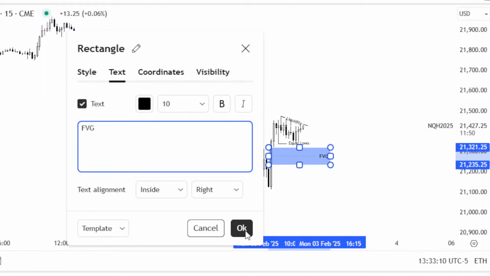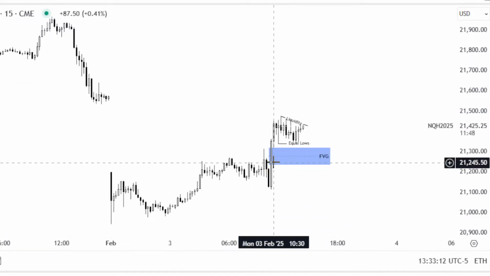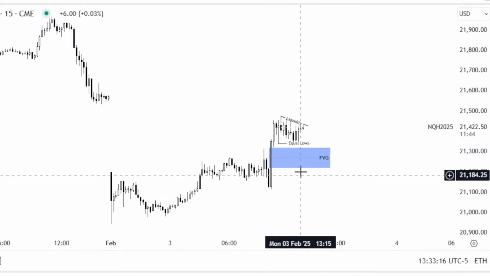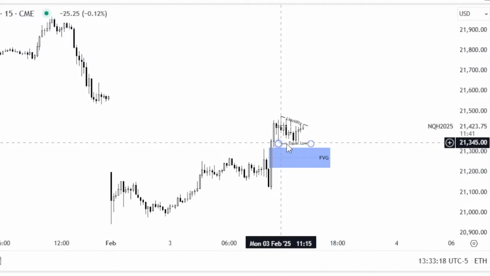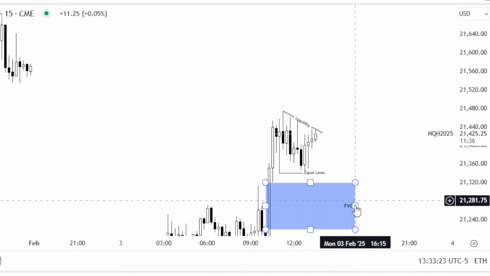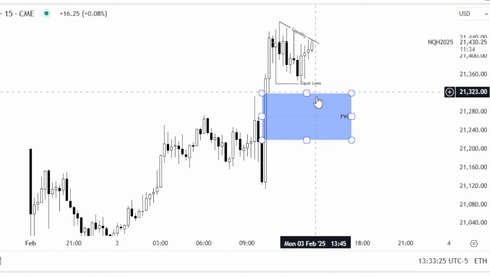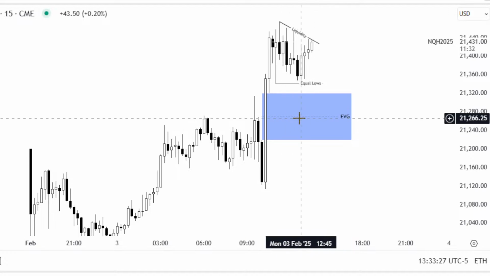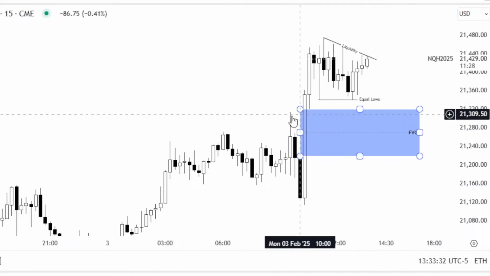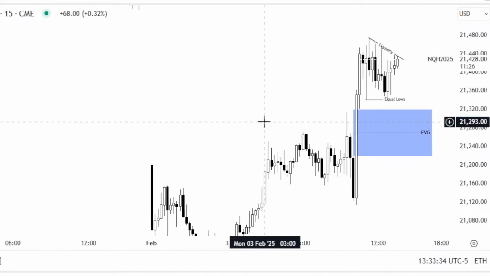This is quite important because we've got this fair value gap right underneath these equal lows, so it would be nice to see some sort of move into it for that 50% to hold, and then go higher.